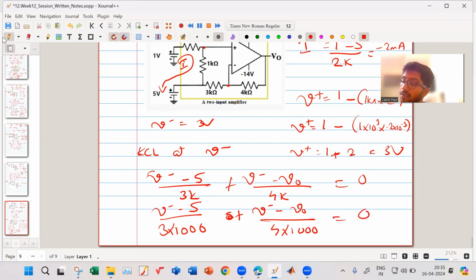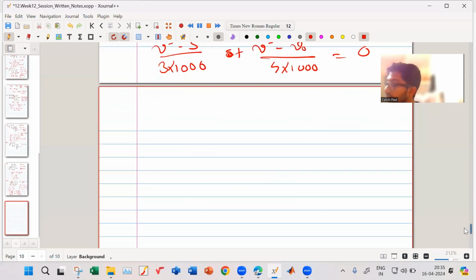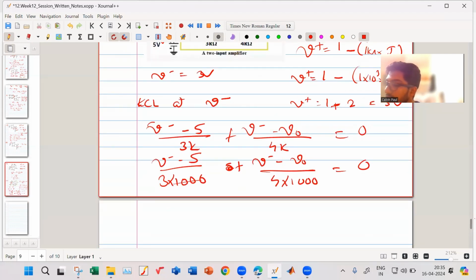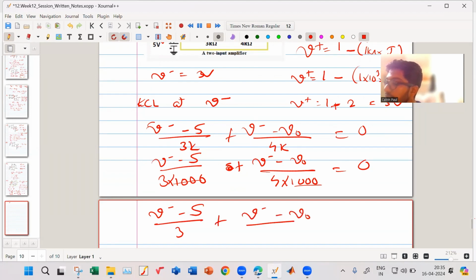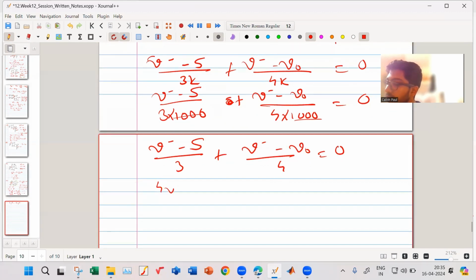1000 we cancel out. It is V minus 5 by 3 plus V minus V output by 4 equal to 0. So we get 4V minus 20 plus 3V minus 3V output is equal to 0 upon 12.